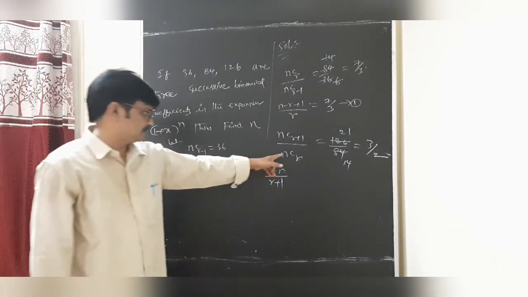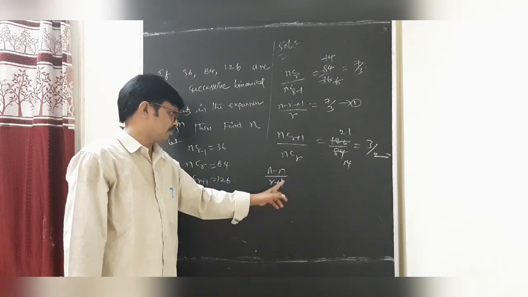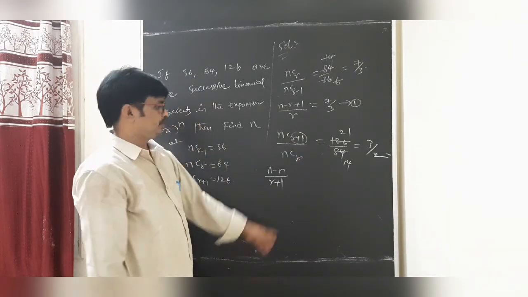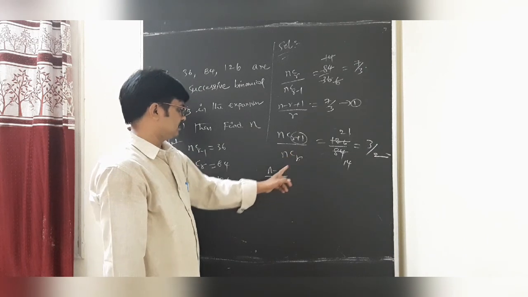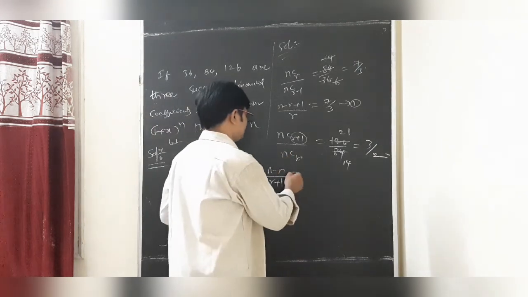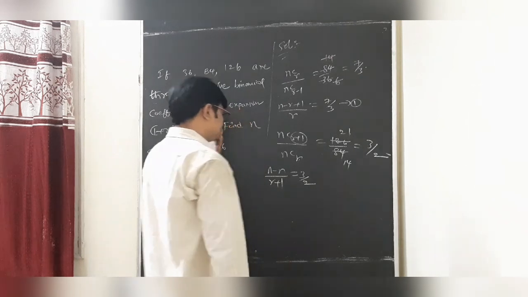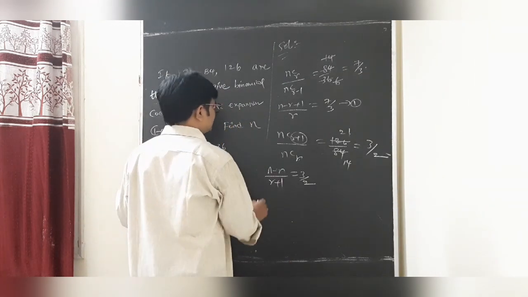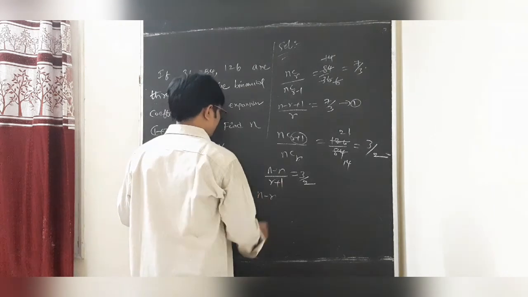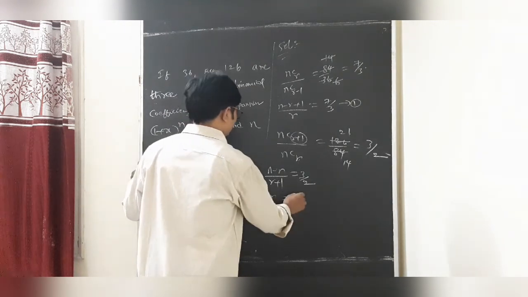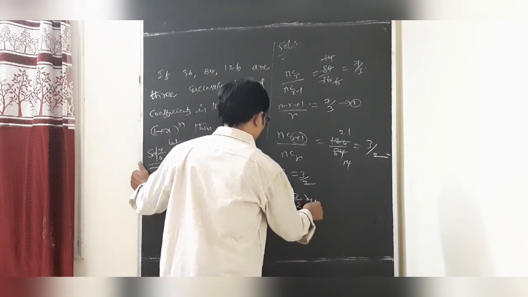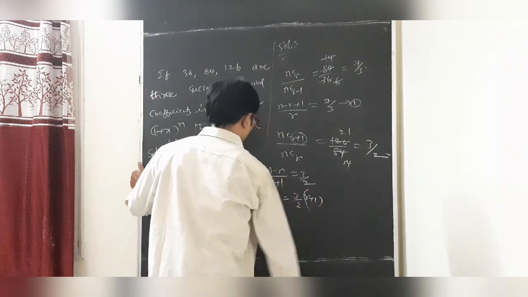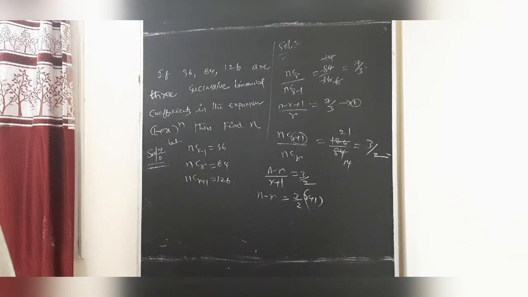The suffix r plus 1 is the bigger one, so we write r plus 1, and after that n minus r is the numerator. This is 3 by 2. Now students, we can write n minus r equal to 3 by 2 into r plus 1. This is n minus r.